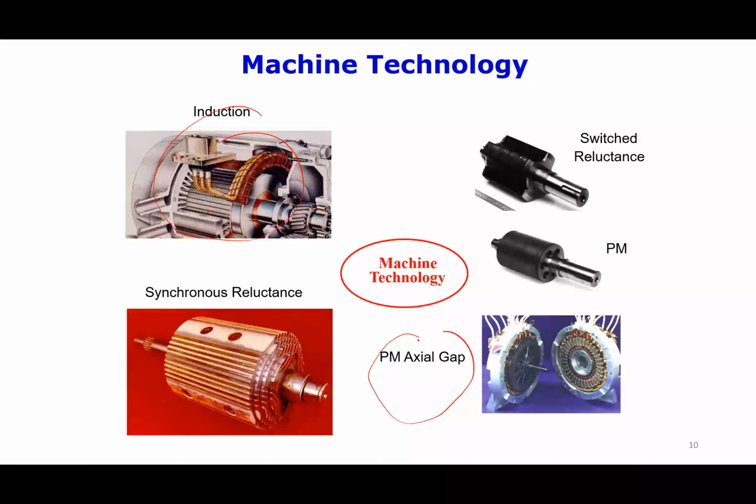The switch reluctance machine is different. It has laminations on the rotor, and the stator also is different than the PM or synchronous reluctance machines. We'll see later. The PM axial gap machine looks very different from the other types of motors.